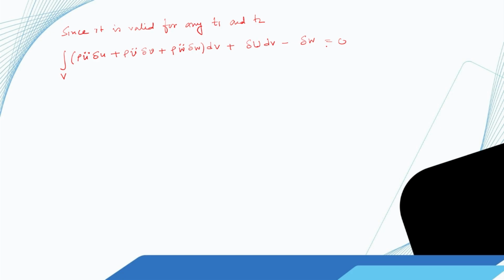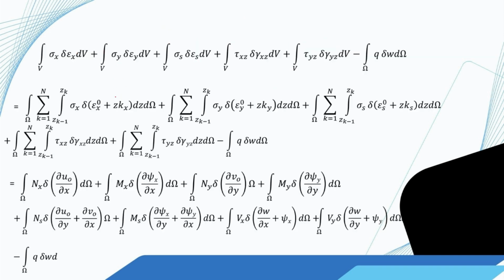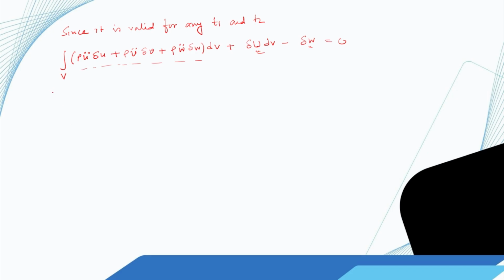Now, what we will do is we will first look into these terms separately, and then we will talk about this and this. So, let us look into this. We have the volume integral of rho u double dot into delta u. So, u double dot is u0 double dot plus z into psi x double dot, since we have already discussed that u is equal to u0 plus z into psi x.